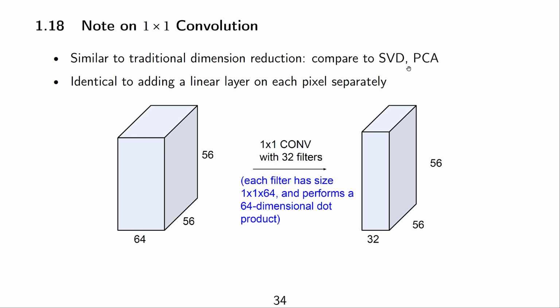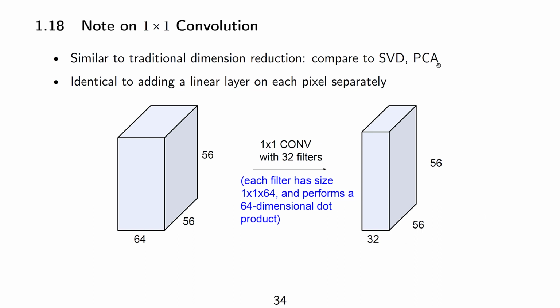The idea is that you could think of having a first principal component, and now you want to project this tensor using principal component analysis. Then the first output channel would correspond to the first principal component, the second output channel to the second principal component, and so on.